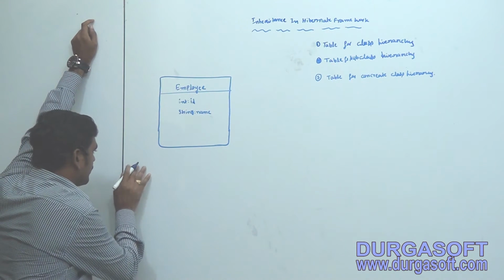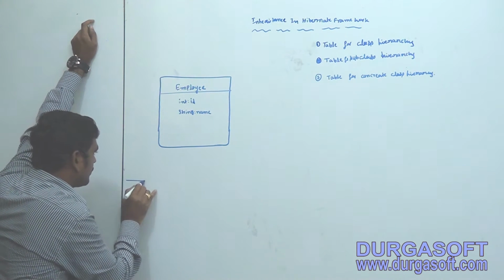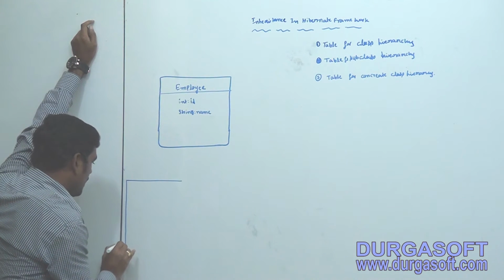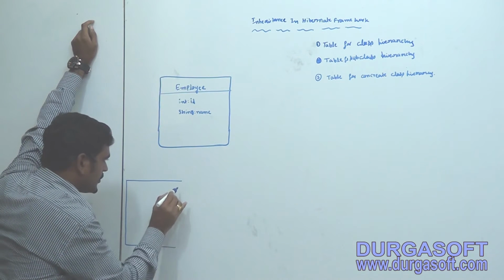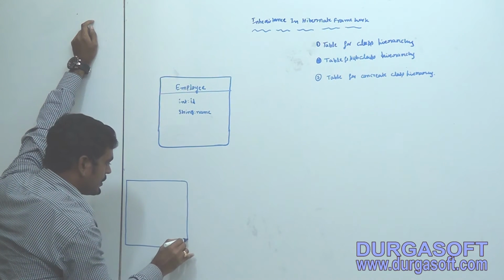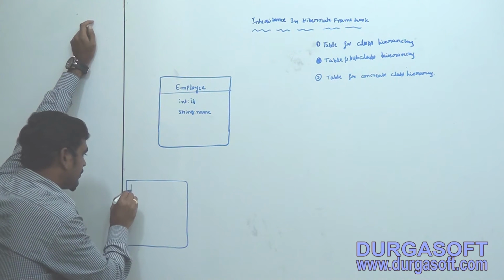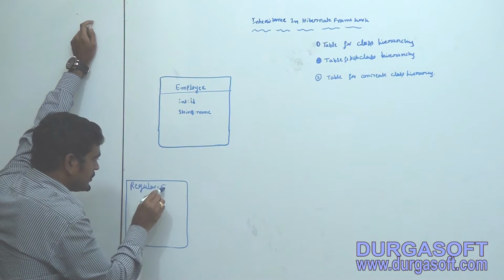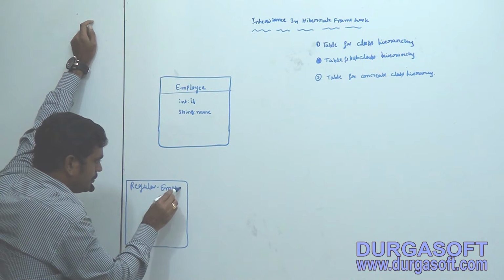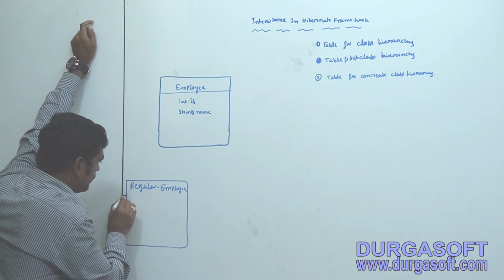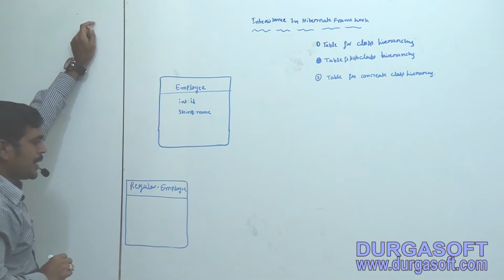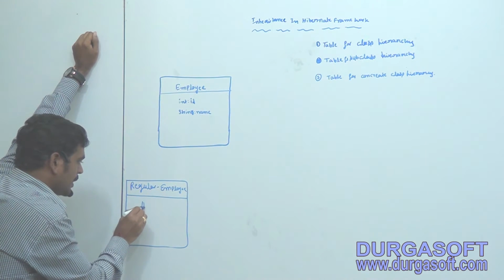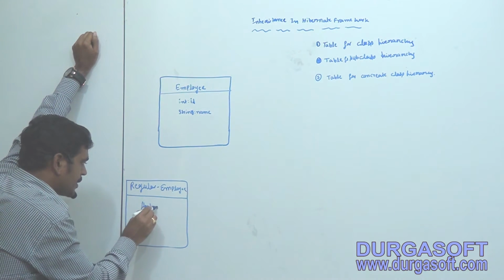Now I am going to take the regular employee. Regular employee has two fields. Number one, float salary.